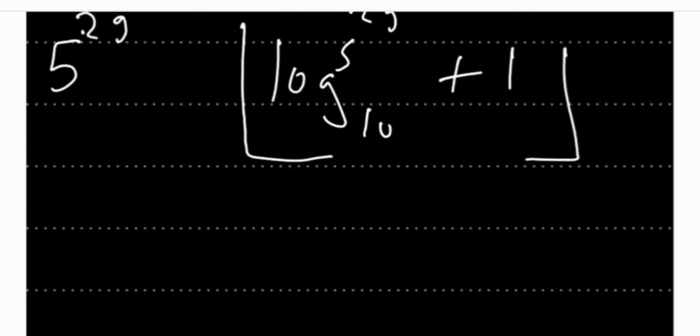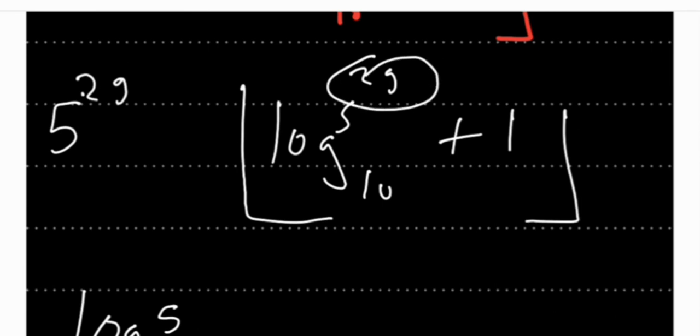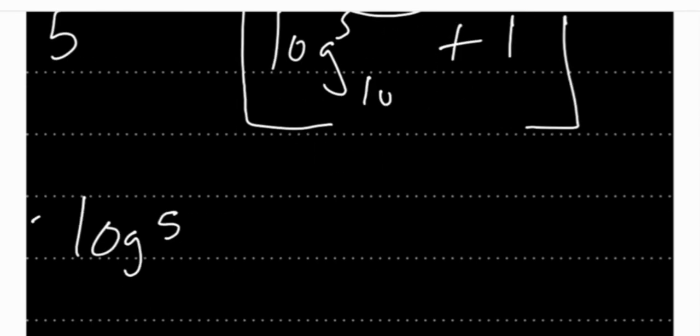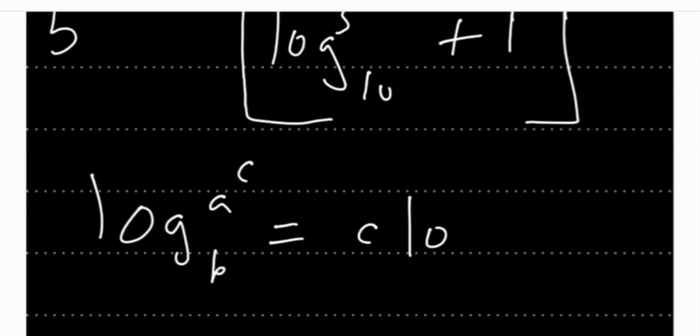So just remember this, okay? So how can we solve this? Let's solve it in parts, okay? So log of 5 to the 29 power, we are going to use the logarithmic properties. If you have log of a to the c power in the base of b, this is equal to c times log of a in the base of b.